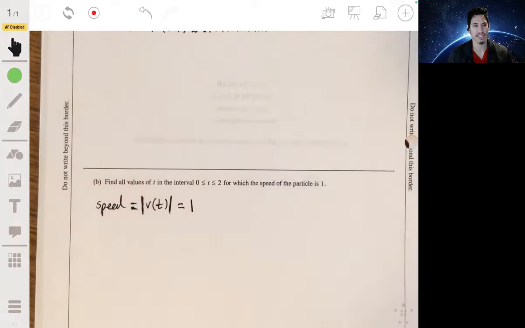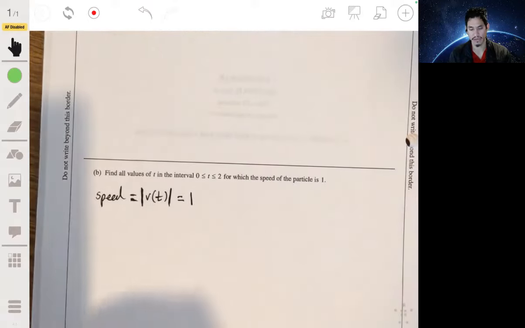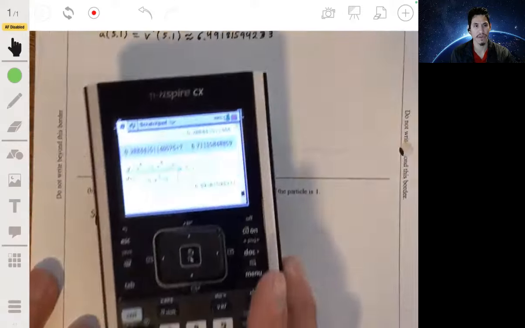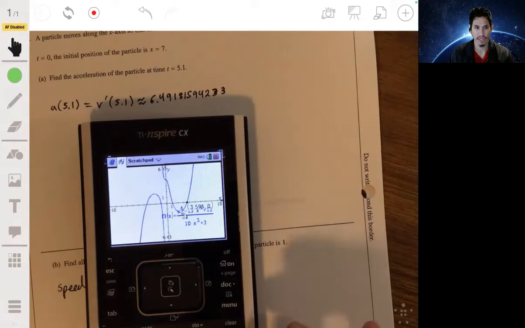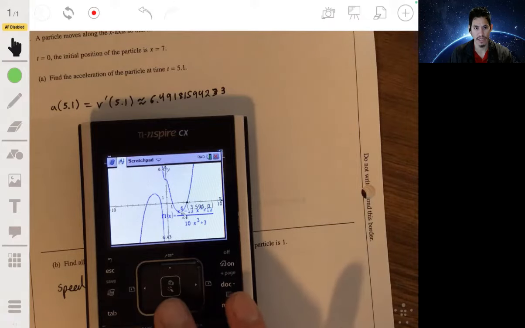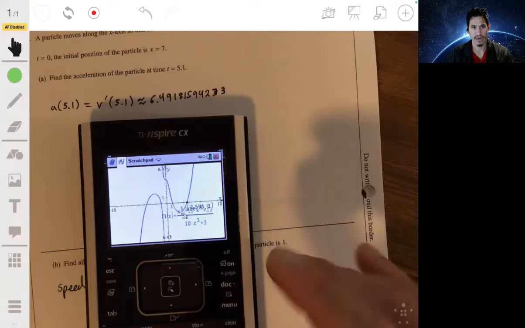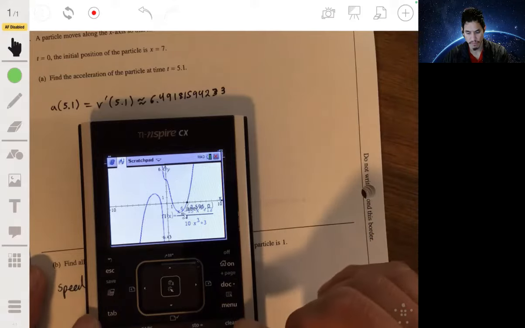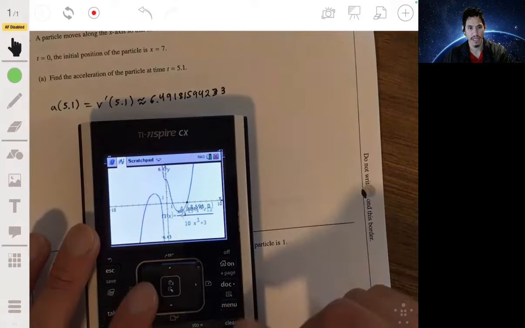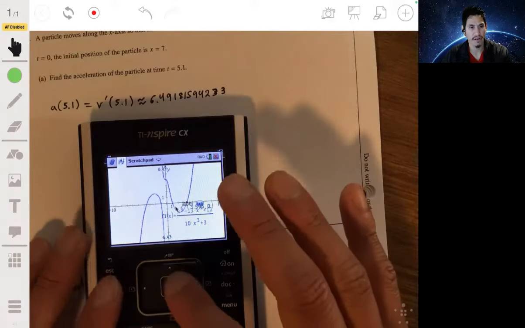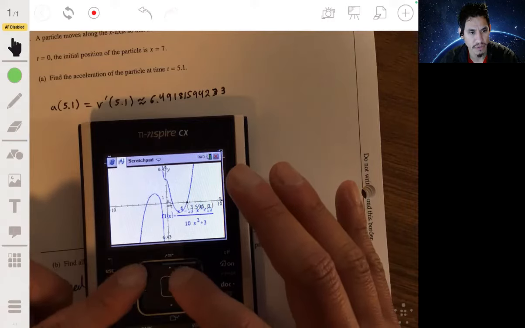For this, it'd be best if we graph the velocity function and just look for when it's equal to 1 on the graph. So we go to our calculator, go to our graphing screen, and I believe I already have it in here. I'm not going to worry about entering it again. But here, we have to analyze where it's equal to 1.